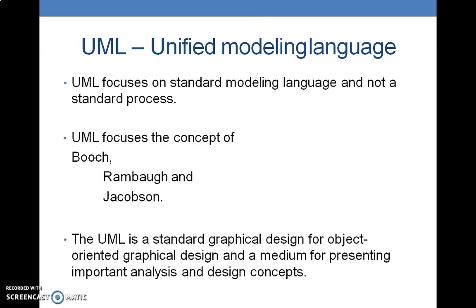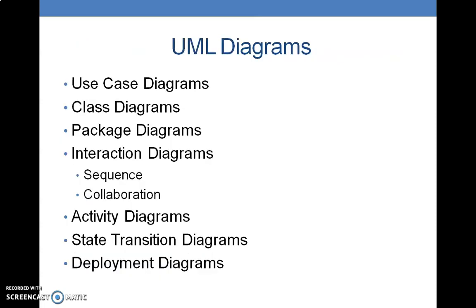The UML is a standard graphical design for object-oriented design and a medium for presenting important analysis and design concepts. UML is used to make use case diagrams, class diagrams, package diagrams, and interaction diagrams. Sequence and collaboration diagrams are used for interaction, and also activity diagrams, state transition diagrams, and deployment diagrams.